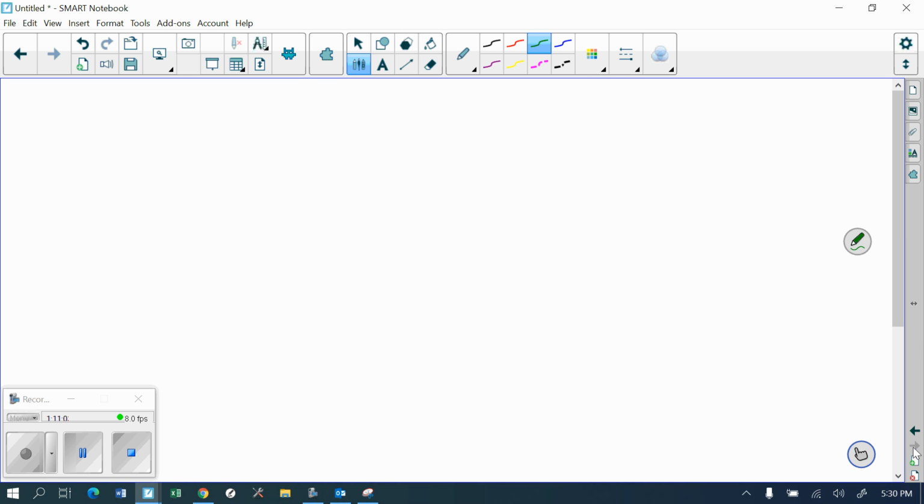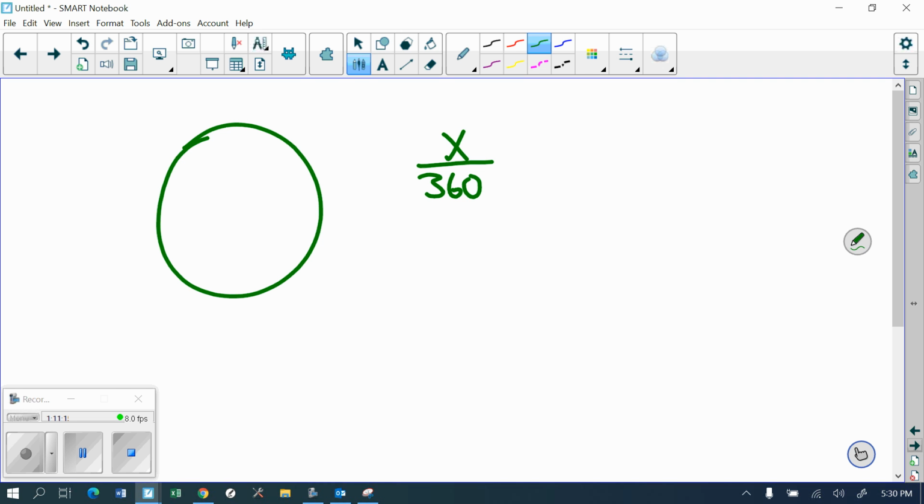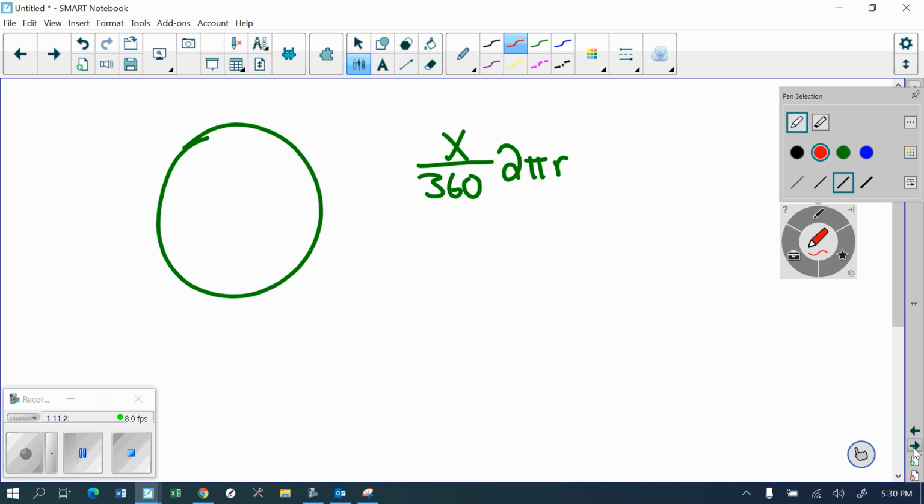Now we're going to talk about a fraction of the circumference. A fraction of the circumference is some number of degrees less than 360, because we know a circle is 360 degrees. We just wrote down the circumference formula is 2 pi r. That means I'm going partly around the circle, like this.